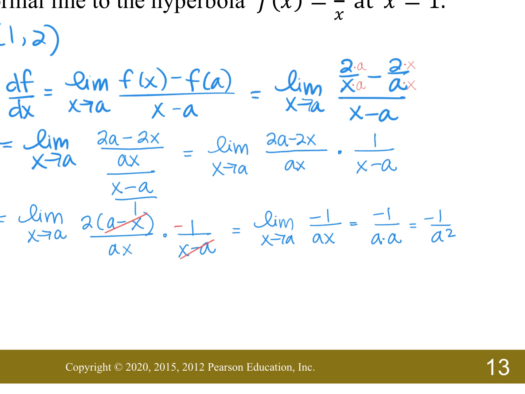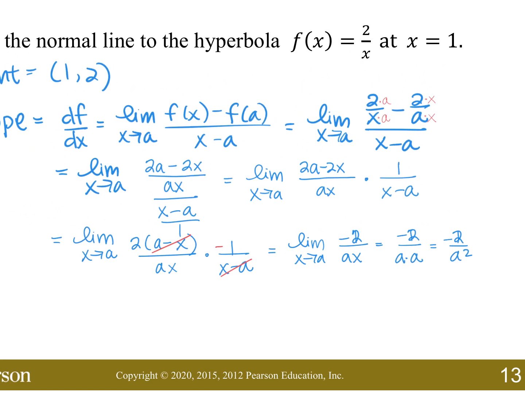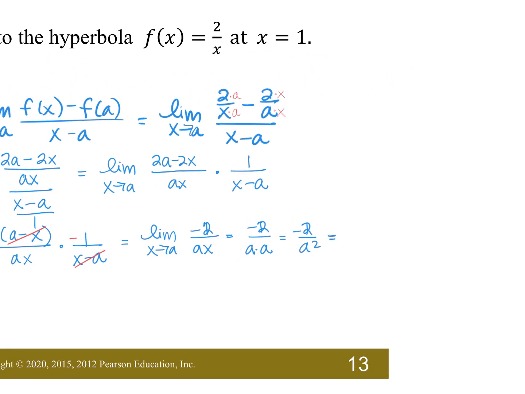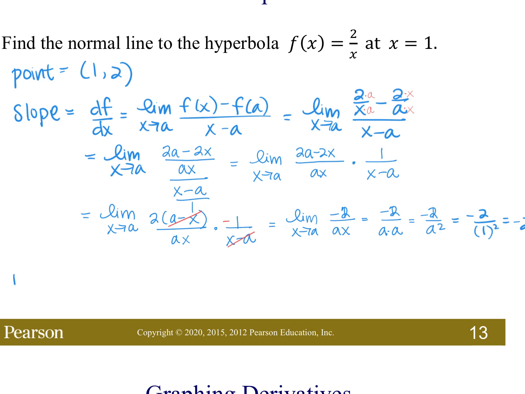I missed my 2. This is called the derivative. In order to make it a slope, we plug in the point that we're working on, which is negative 2 over 1 squared, or negative 2. Then I'm ready to write the answer to the question, which is write the normal line.